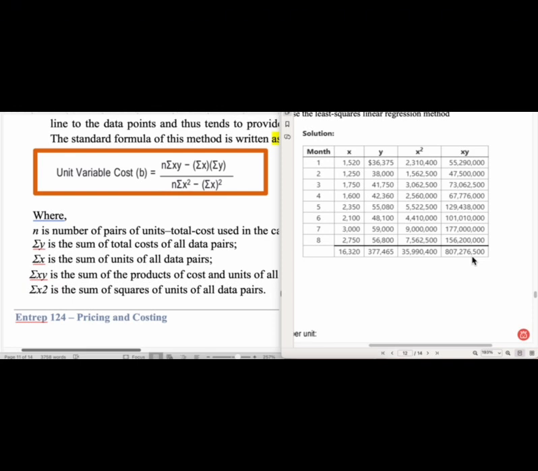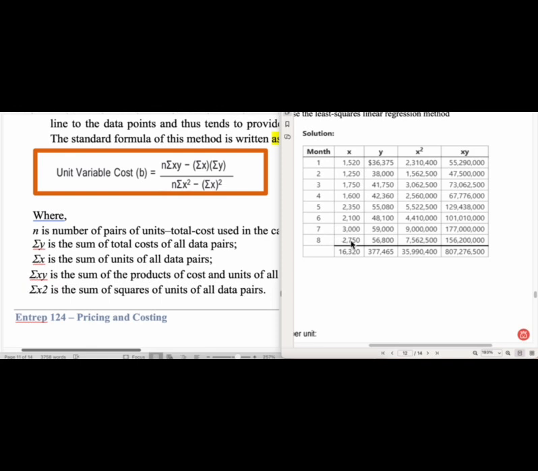Now, the summation, right? Summation is the total or sum of the set of numbers. So the summation of x is 16,320, the total of all of them.